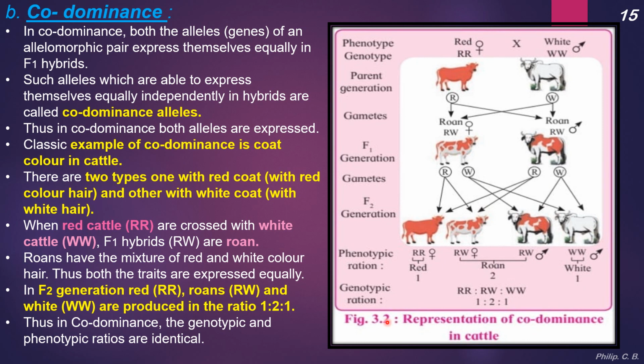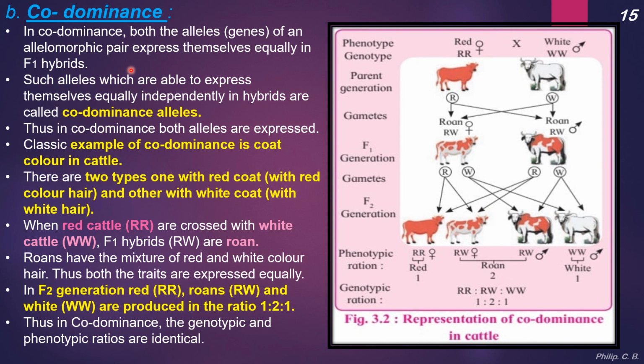Now, the second type is what? Codominance. Now, what is this codominance? In codominance, both the alleles or genes of an allelomorph pair express themselves equally in F1 hybrids. That means both the characters or both the genes are expressed together. In the earlier one, incomplete, both are not expressed.